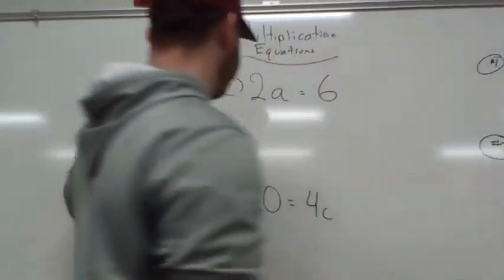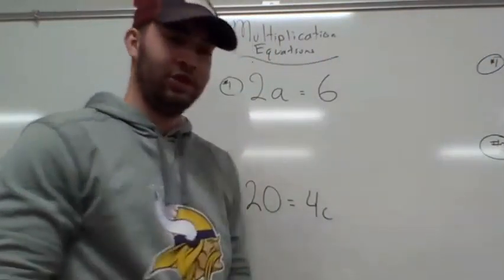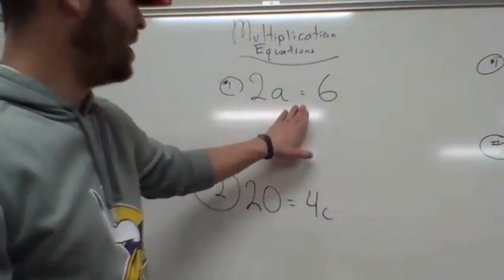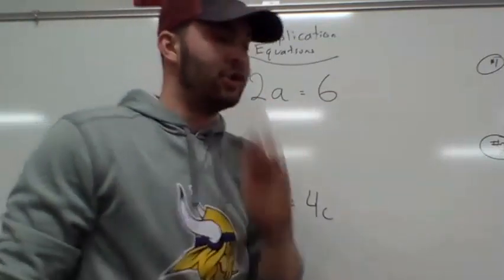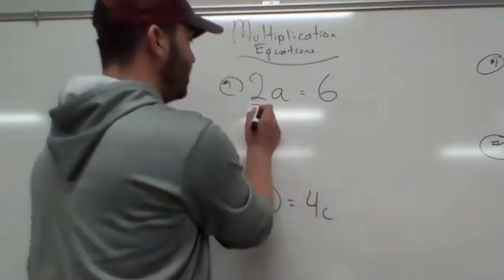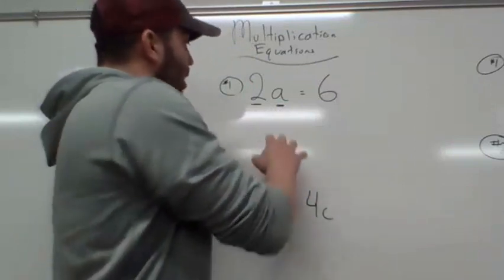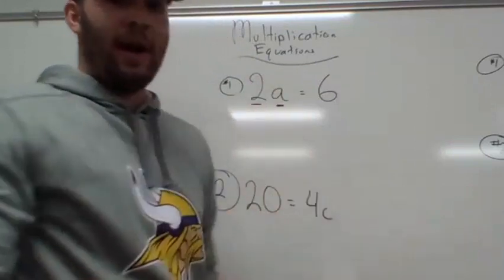So when we look at multiplication equations, just a quick thing that we need to talk about: we have 2a equals 6. Now in algebra, a lot of times when a constant is placed next to a variable like this, they don't tell you what operation is really happening.